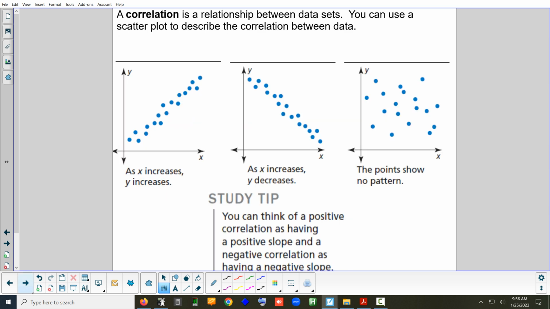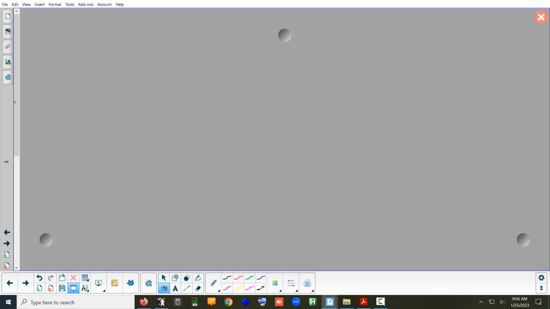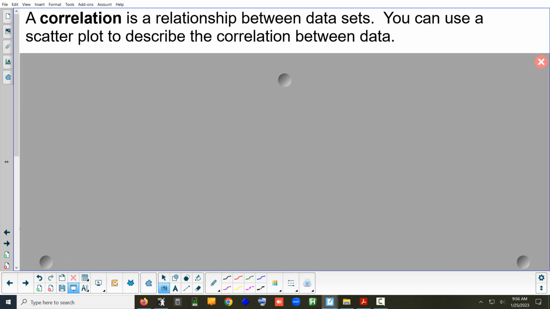There's a name for that. The name for that is called a correlation. Correlation means that there's some type of connection between two things.